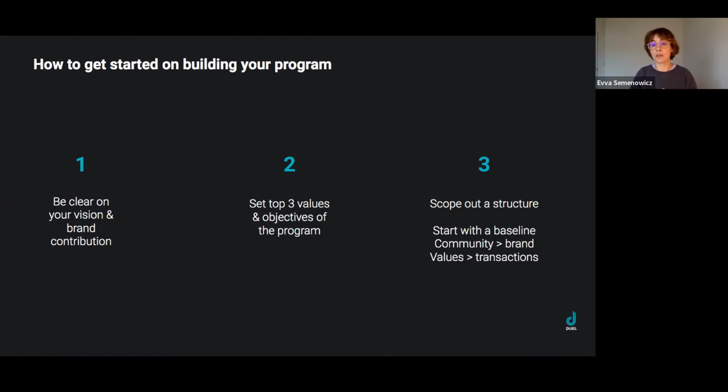Step two is being quite disciplined about the values and objectives of the program. Of course, growing word of mouth is probably what we're all trying to do with brand advocacy, but be quite specific. Do you really want people to be creating amazing content on your behalf?